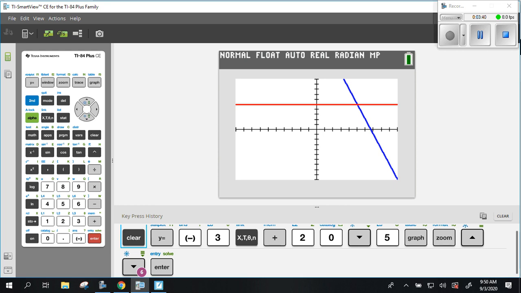You can see that these 2 intersect at 5, and it turns out that the solution to this equation is x equals 5.